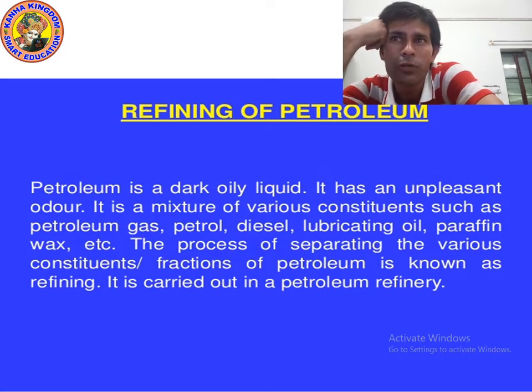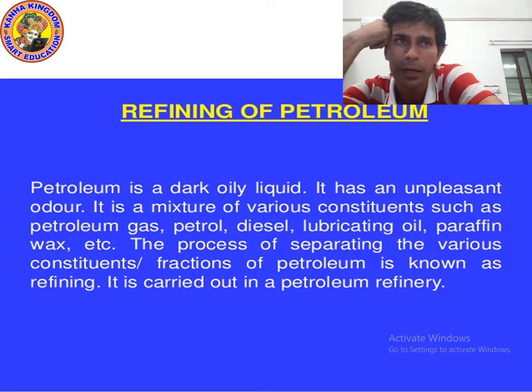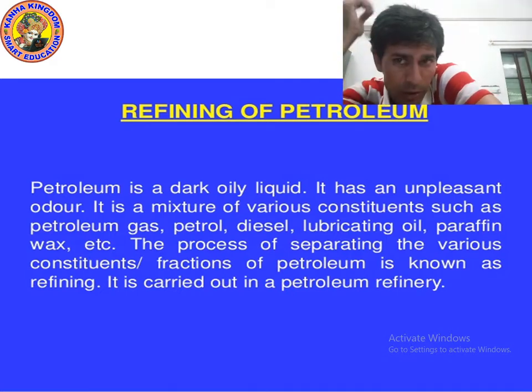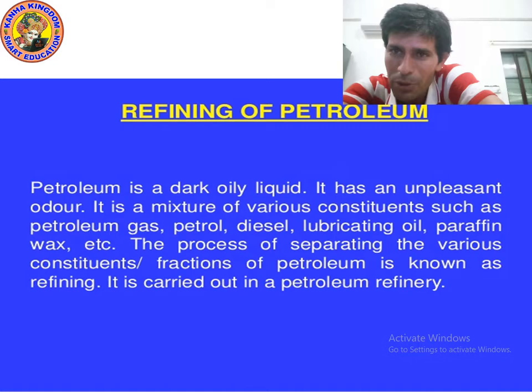It is carried out in a petroleum refinery, in industry, where we separate petrol, diesel, lubricating oil and petroleum gas from petroleum. I hope you understood. Now let's move to the next point.